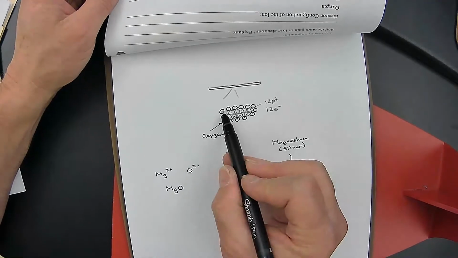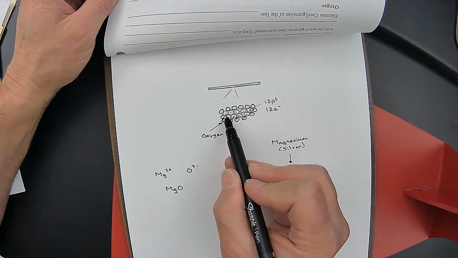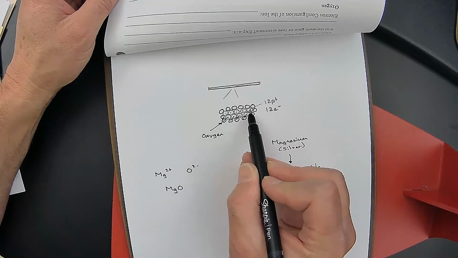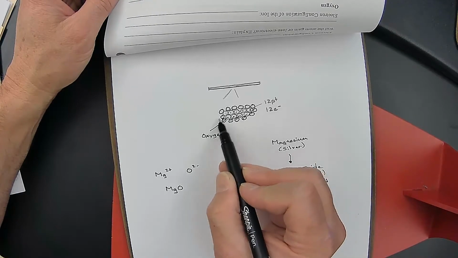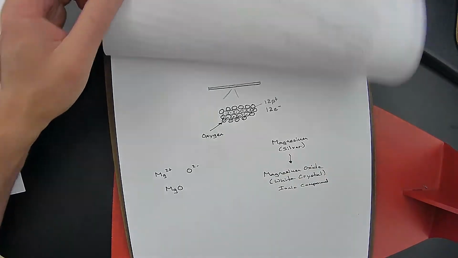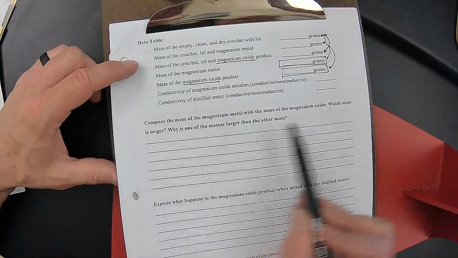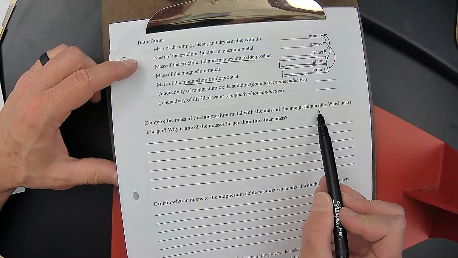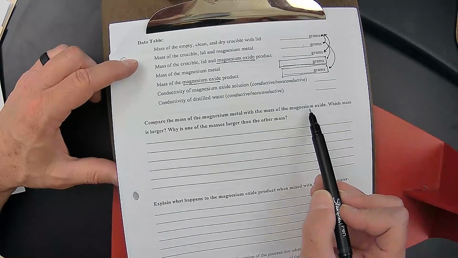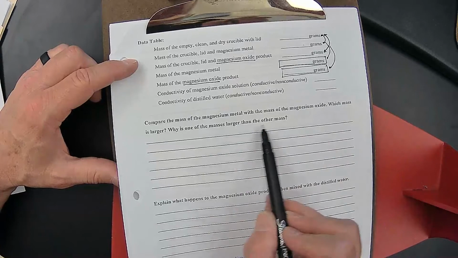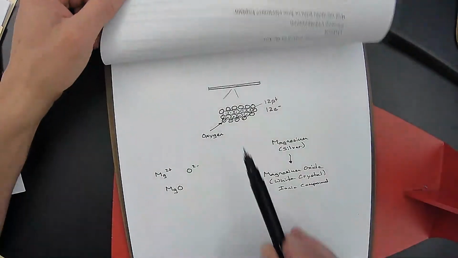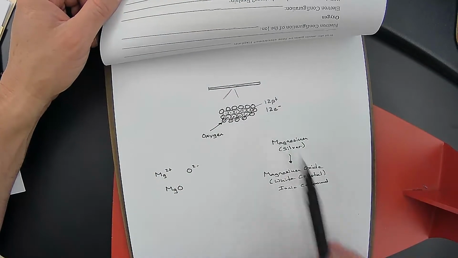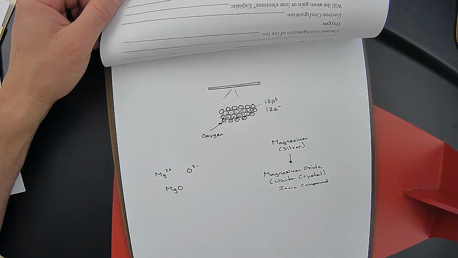And now the magnesium oxide product includes those original magnesium atoms plus the oxygen atoms that are now connected. So we should see the magnesium oxide has a larger mass than magnesium. And the reason being is we've added those oxygen atoms connected to those magnesium atoms.